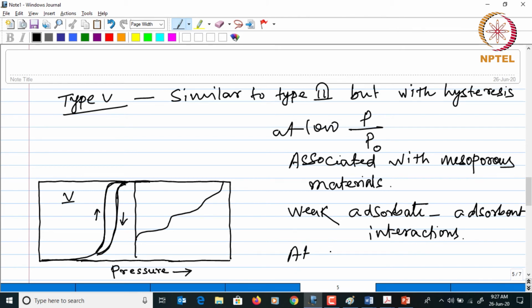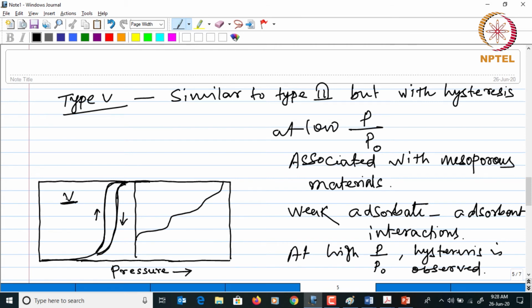At high relative pressure, the hysteresis can be observed. And here molecular clustering is followed by the filling of pores, or the capillary condensation, right? So that is associated with this kind of isotherm of type 5.